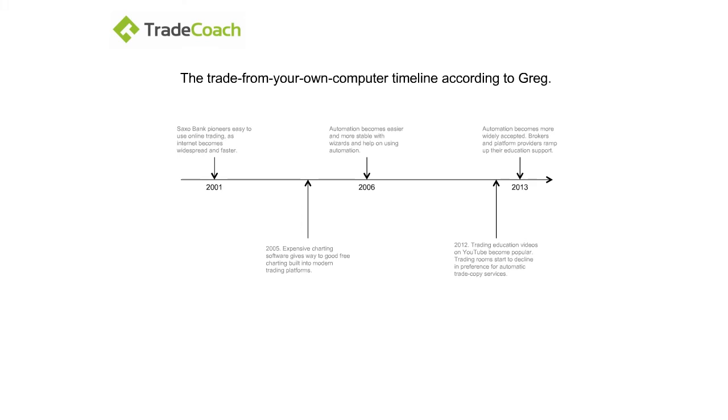And I find this quite interesting. I've been observing the trading world for so long. I will just mention a few things here. In 2001, Saxo Bank pioneered easy-to-use online trading as the internet became widely spread. 2005, we saw expensive charting software give way to good free charting that's built into modern platforms. 2006, automation became easy and stable with wizards helping people to automate. 2012, we saw trading education videos on YouTube become popular, trading rooms starting to decline in preference for automatic trade copy services. 2013, automation has become widely accepted.